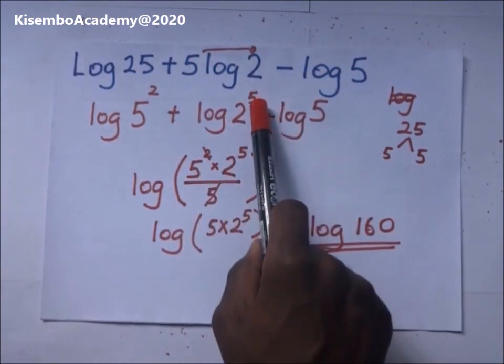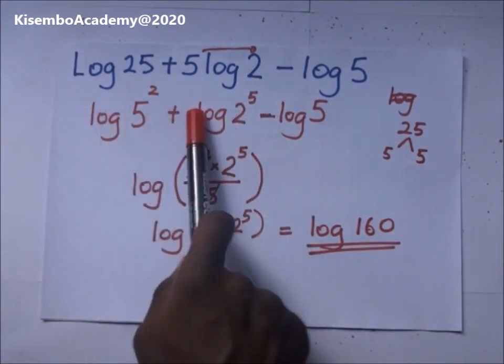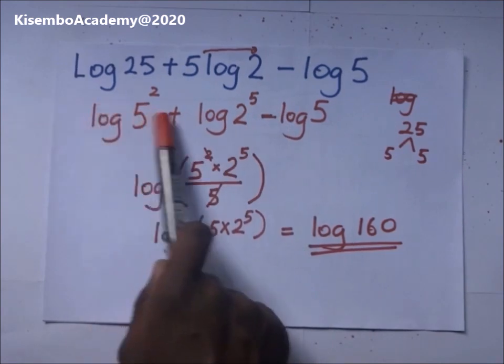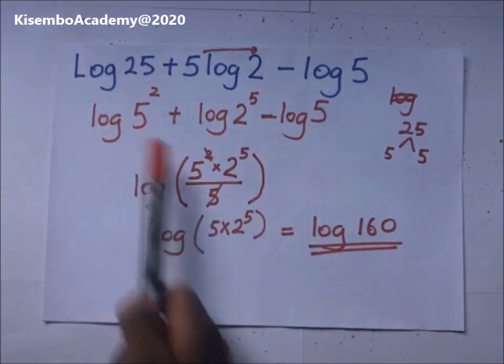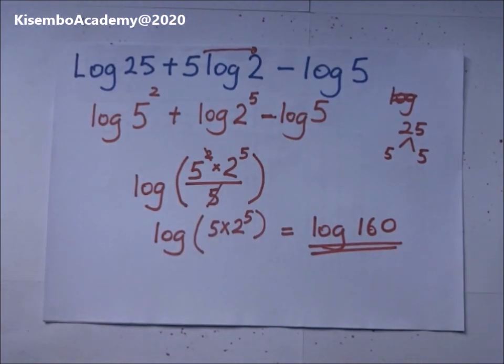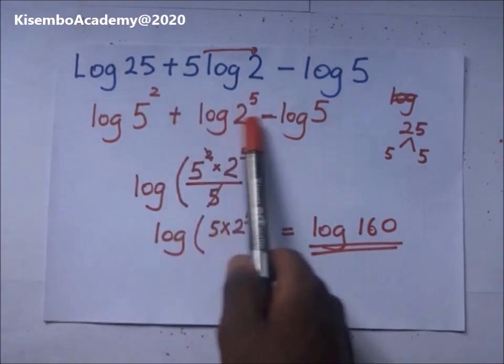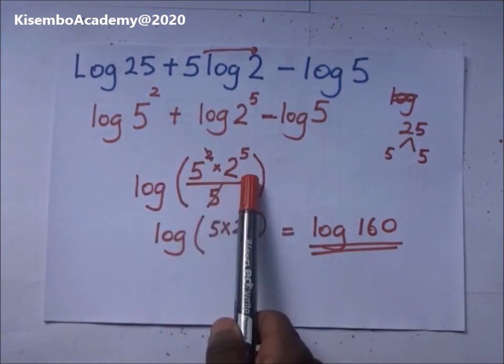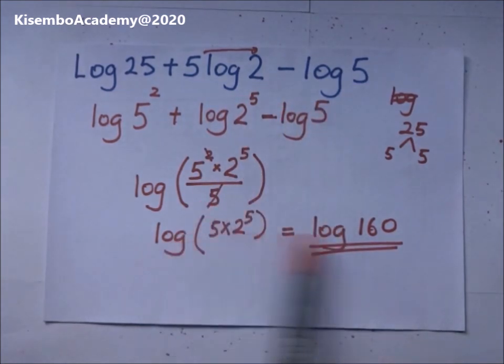That is why we have it in the next step like that. And then after making sure that each coefficient of the logarithm was 1, we went ahead and applied the properties of logarithms, that when you're adding, you multiply these numbers: 5 times 2 to the power 5, divide that by, because it's minus now, divide by 5, and we get our answer like that.